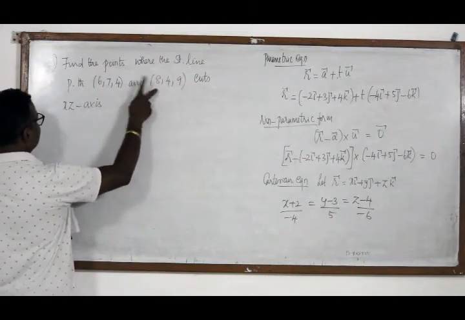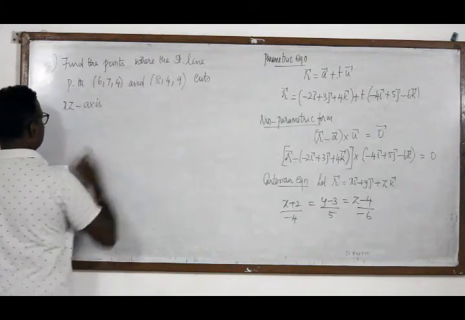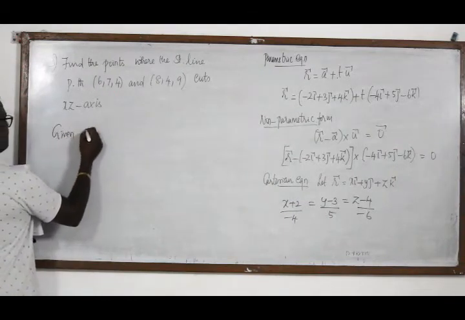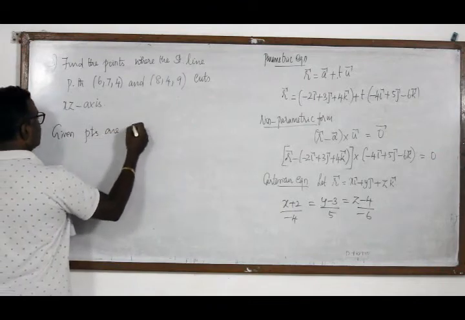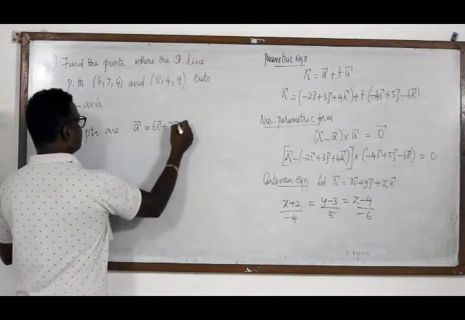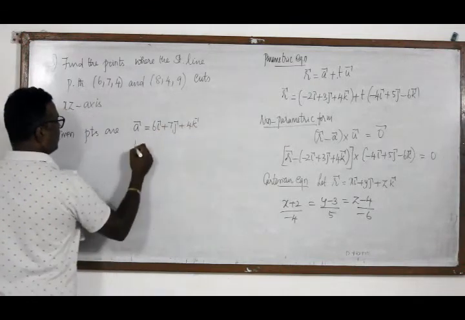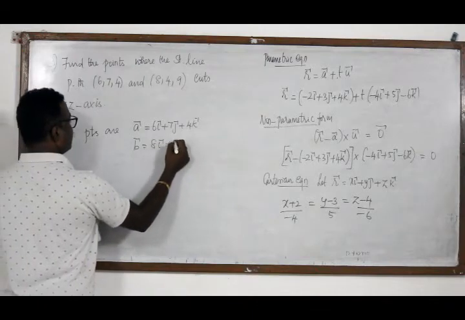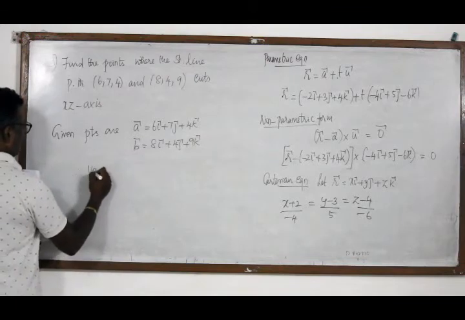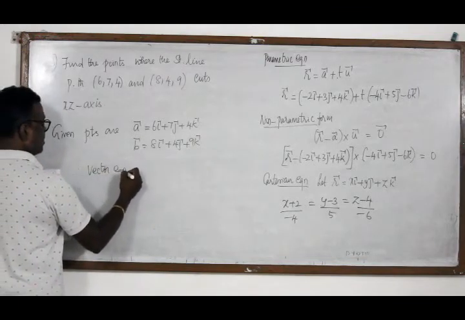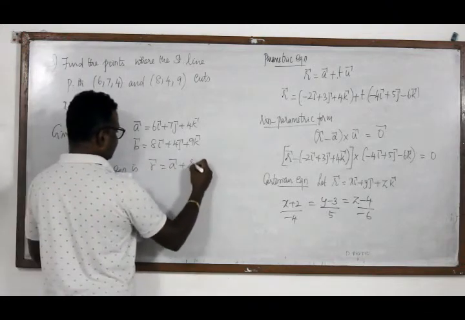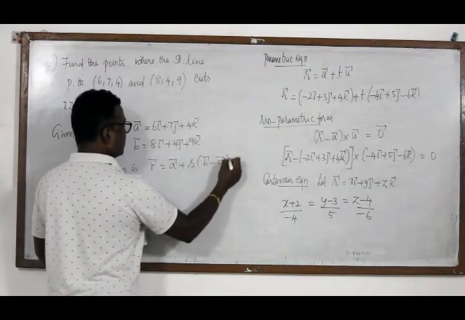First, shall we find the equation of the line by taking these two points. So, the given points are A vector equal to 6i plus 7j plus 4k and B vector is 8i plus 4j plus 9k. Therefore, the vector equation is R vector equal to A vector plus S into B minus A, since two points are given.